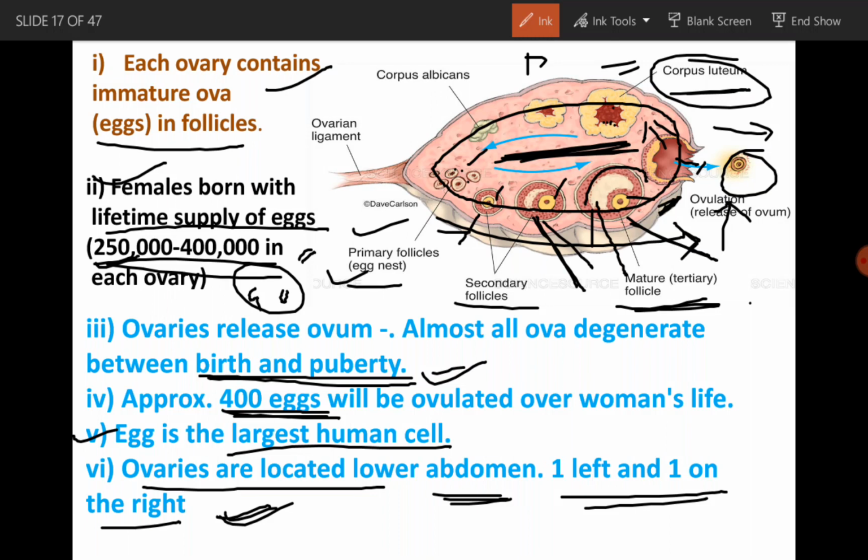The corpus luteum is the structure formed after the process of ovulation, and it is responsible for secretion of the progesterone hormone from just after ovulation to approximately the 24th day.